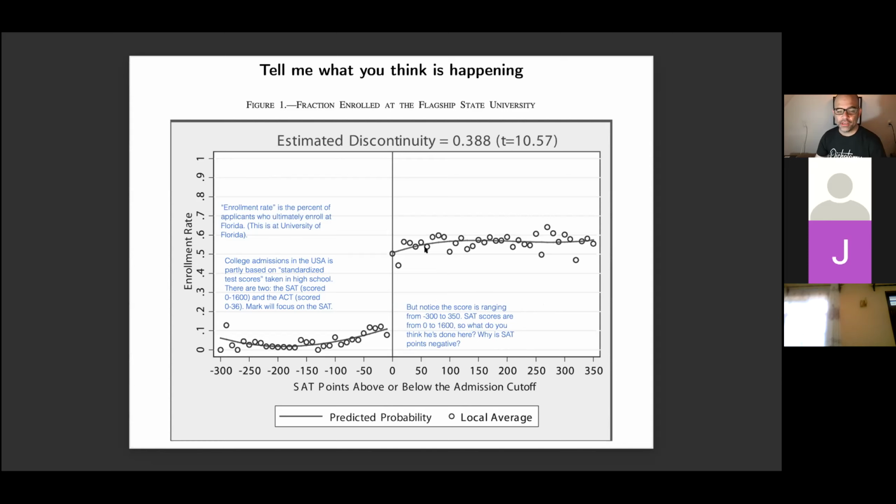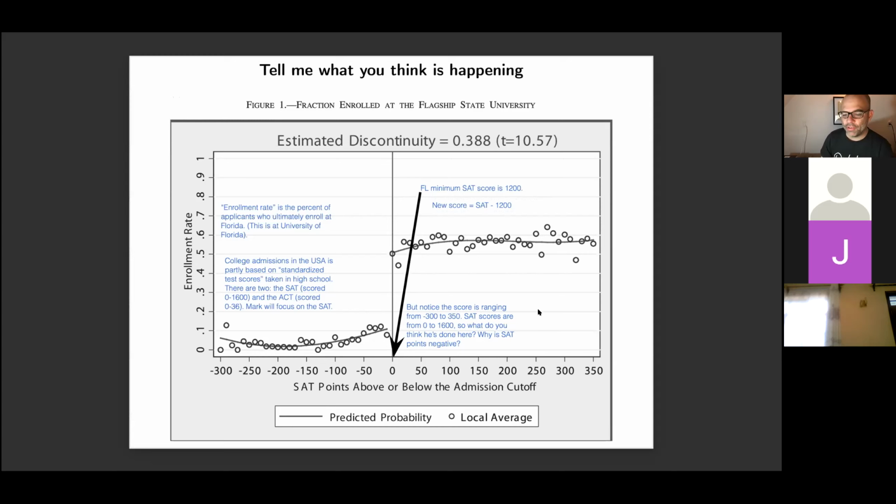What he's using is Florida's minimum SAT score, which is 1200. That's the minimum SAT score that they'll let someone in. So what he did was he made a new score, equal to SAT score minus 1200.